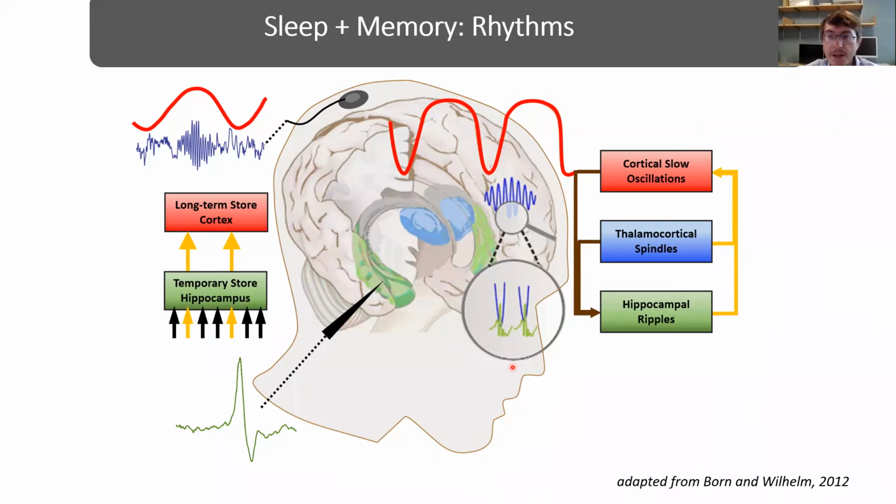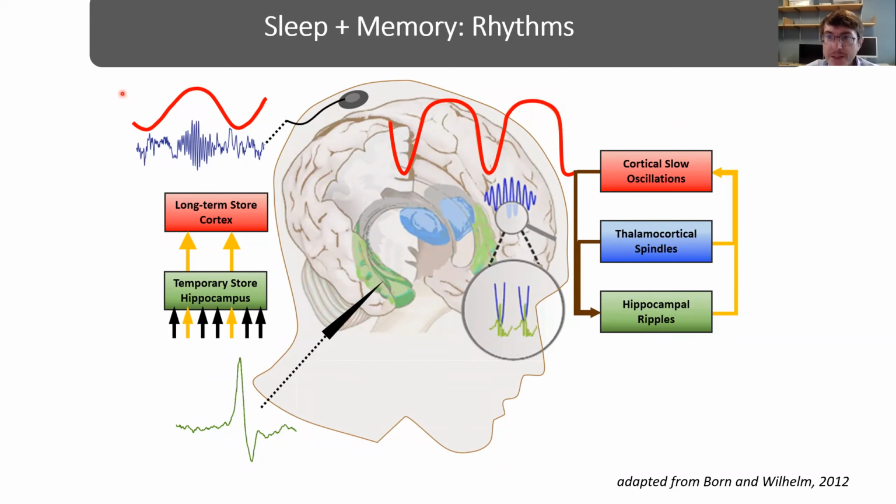So there's a coordination between these oscillations, and they all interact with each other. And we think what happens during these oscillations is that the memories are actually being consolidated from temporary storage in the hippocampus, where memories are stored during wake, to long-term storage in the cortex. And it's the coordination between these that allows this to happen.